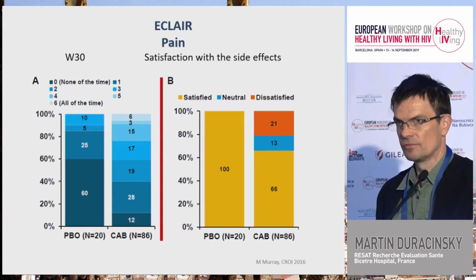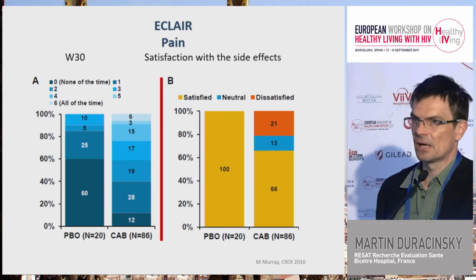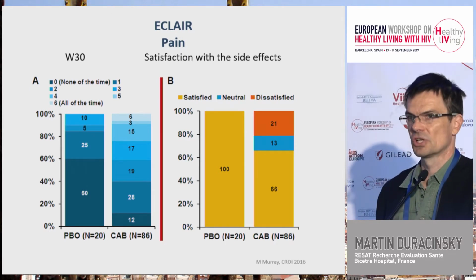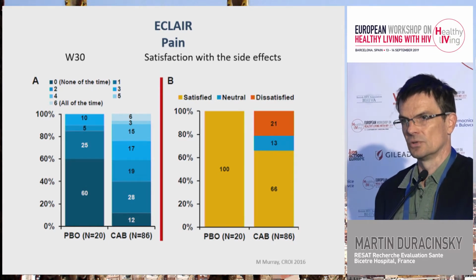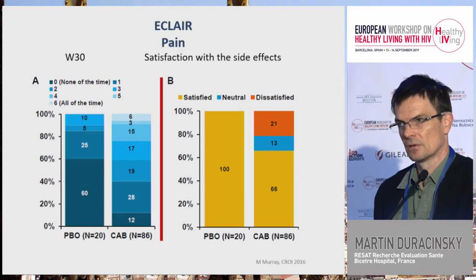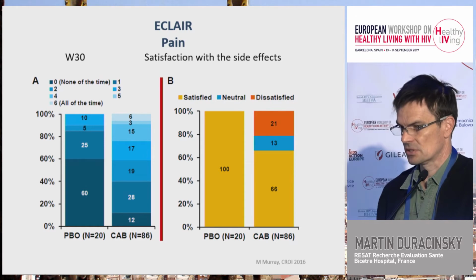Of course, now we have many new strategies for light treatment. So we have bitherapy, we have injectable treatment, and we now have validated, as you saw from the French studies, 4 days a week. So it's important for all these strategies to also show the benefit for the patients.